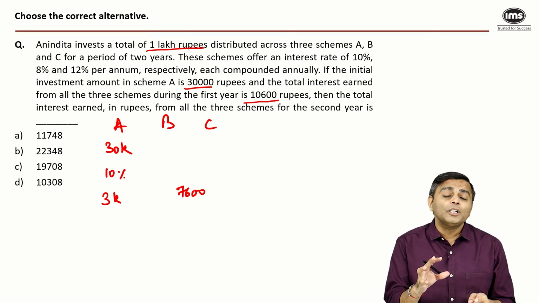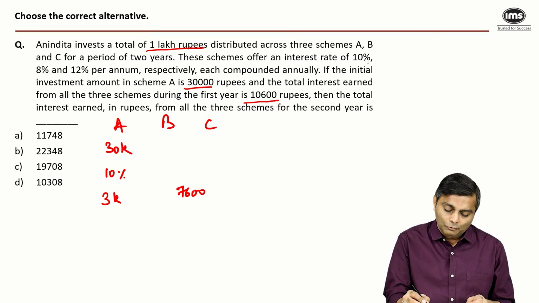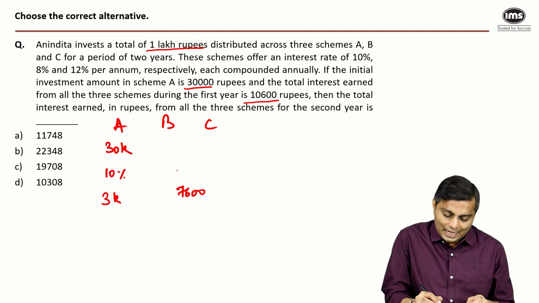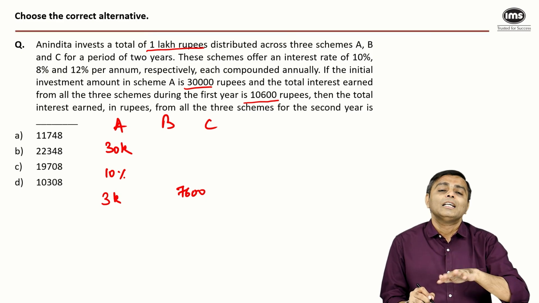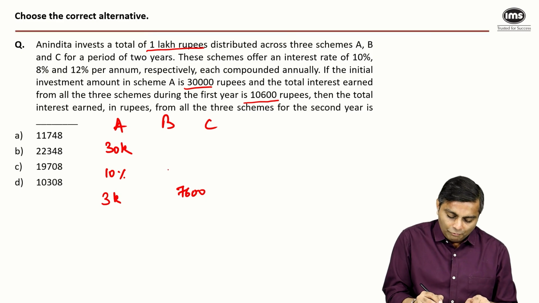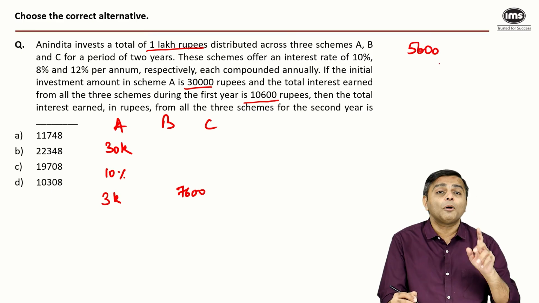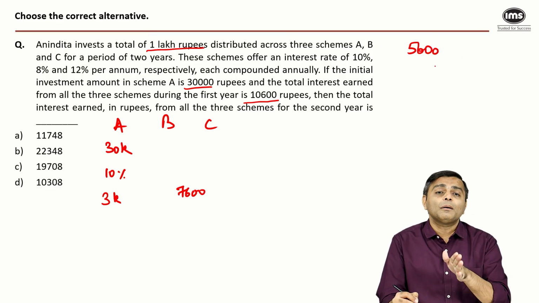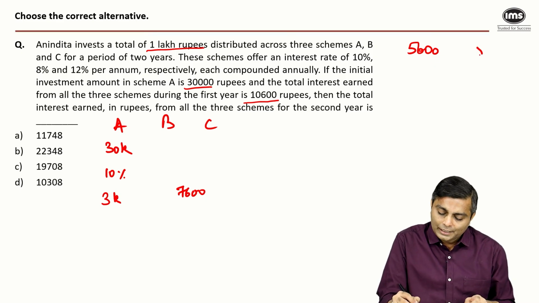We know that the total interest received from both of them is 7,600. B's rate is 8% and C's is 12%. If we had invested the whole 70,000 at 8%, we would have got 5,600. Let me do the alligation here: 5,600 for the complete amount invested at 8%. The complete amount invested at 12% would have been 12 into 7, 84, so 8,400.